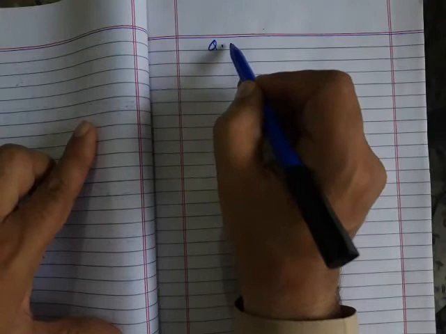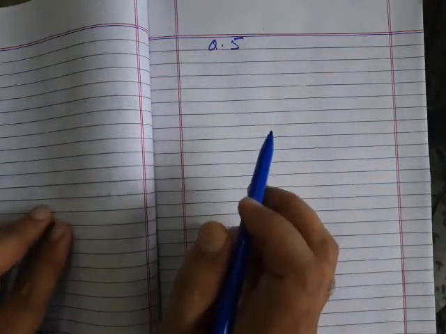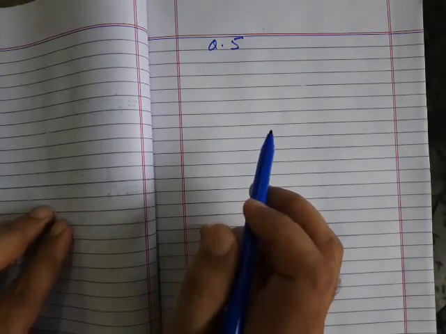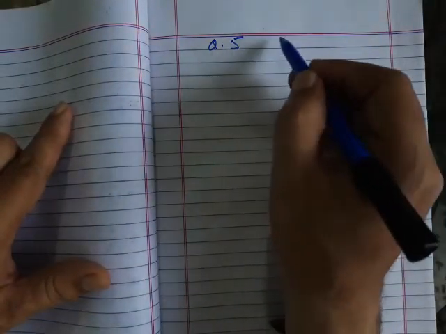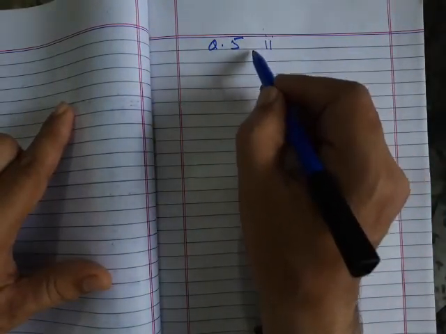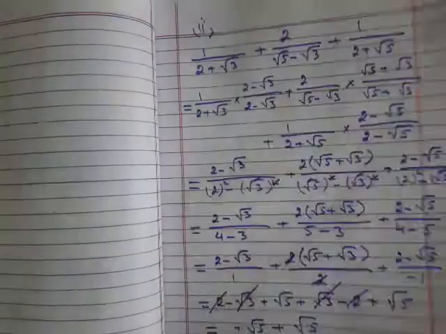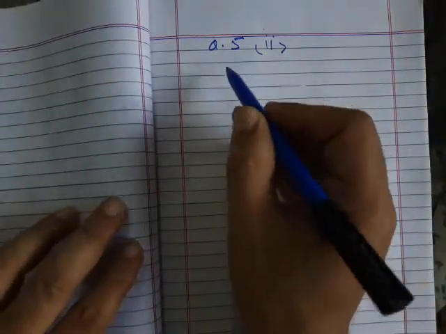Now question number 5, part second, beta. The part is similar, you can do it by yourself.